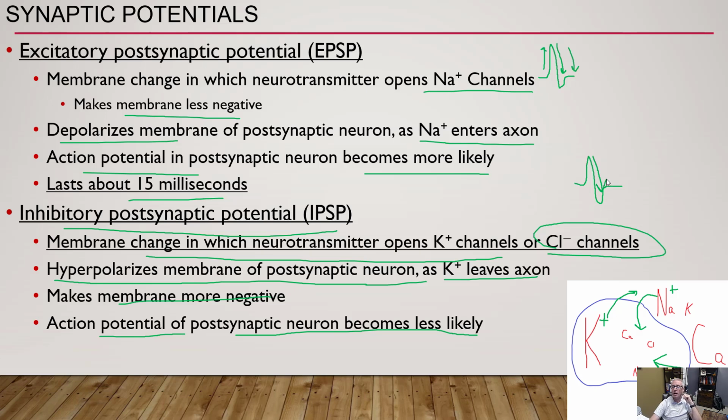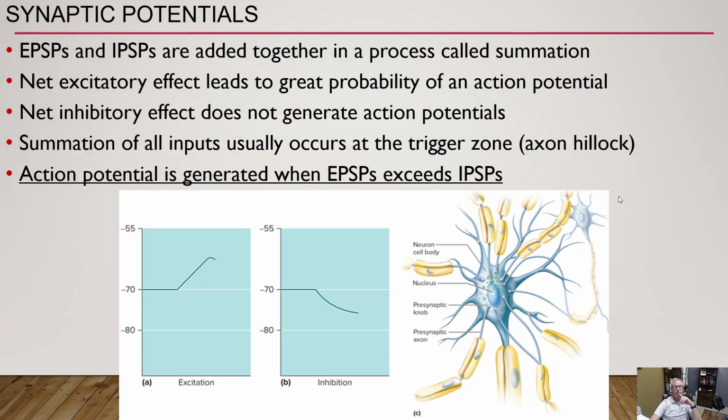So chloride coming into the cell makes it more negative. So it's actually an inhibitory ion. Makes it more negative. The action potential becomes less likely.